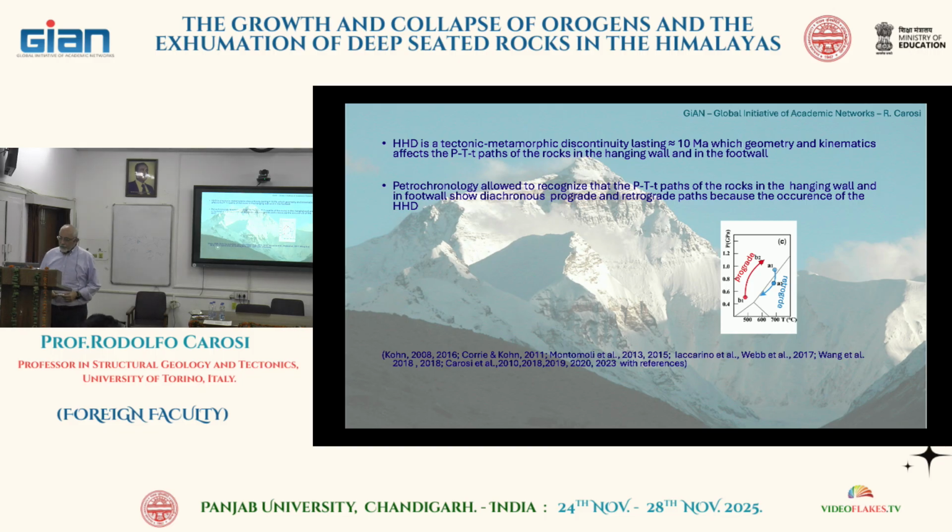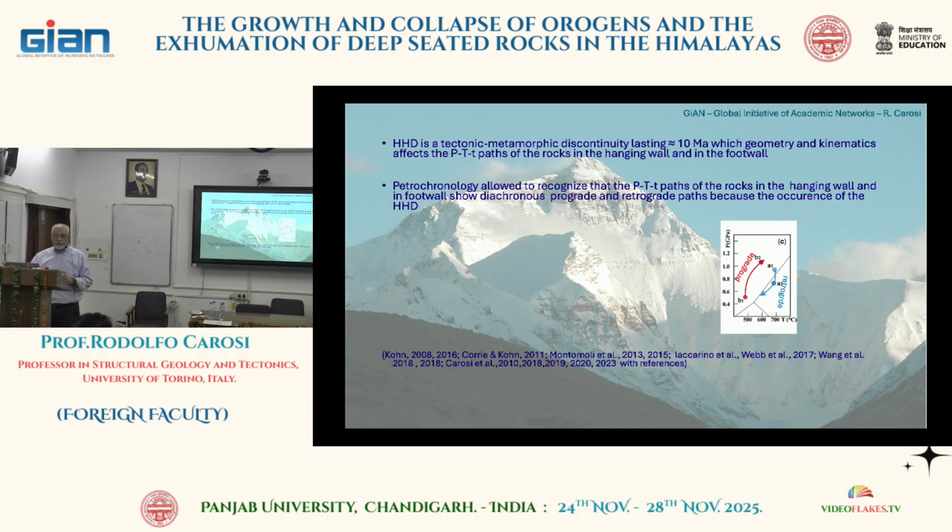So at the end, we can say that HHD is a tectonic and metamorphic discontinuity lasting at least 10 million years, or 27 to 17 million years, whose geometry and kinematics affect the PT path of the rocks in the hanging wall and the footwall.